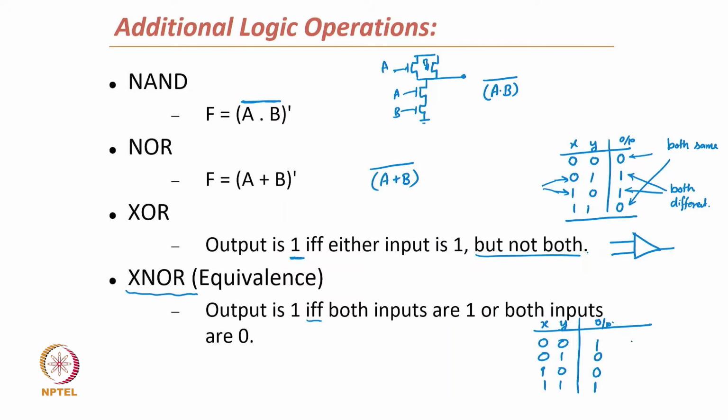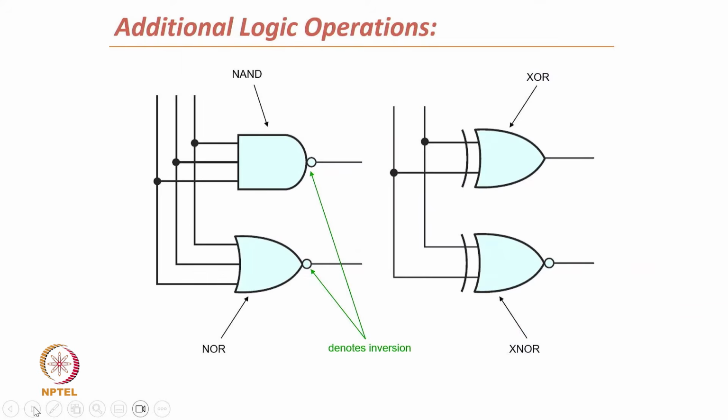So, this gate also can be used as a comparator. It will give you output 1 if signals are same, and output 0 if the signals are different.